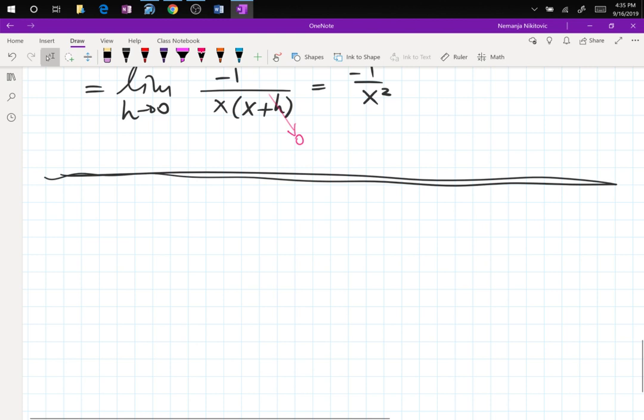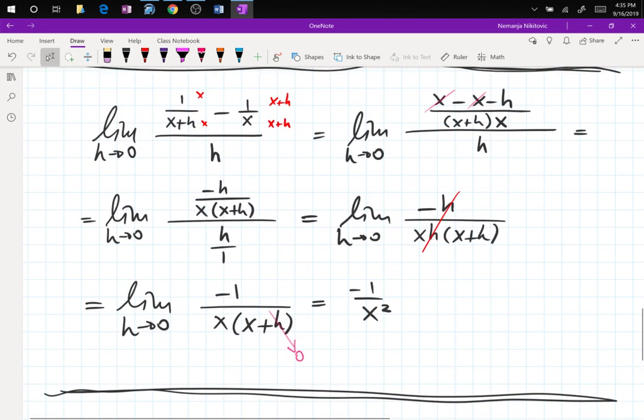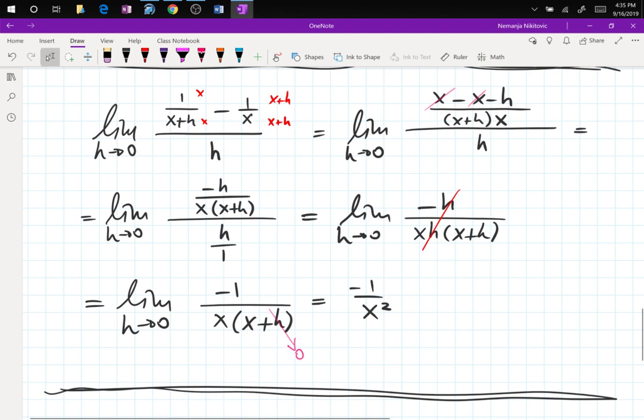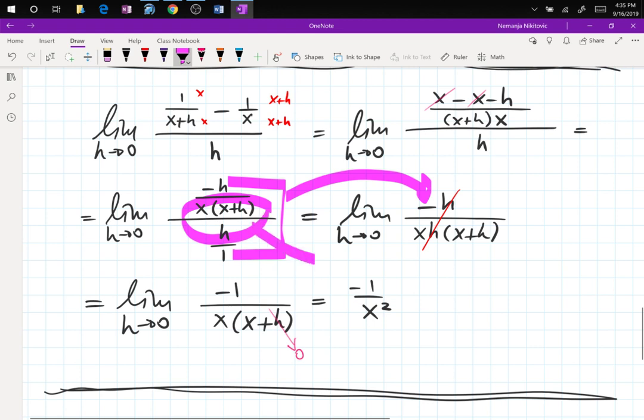Yes? I have a question. What happens to the h over 1? They multiplied. The two that are far apart multiply on top, and two that are close by multiply on the bottom. The way you deal with the double fraction. I thought that was like that becoming that.